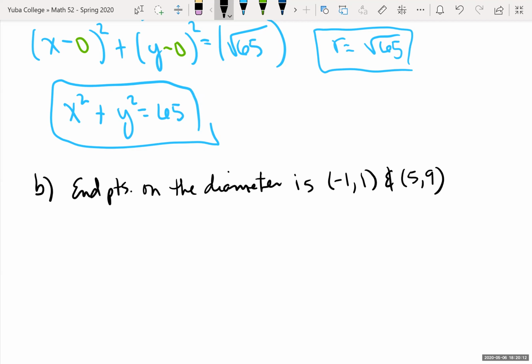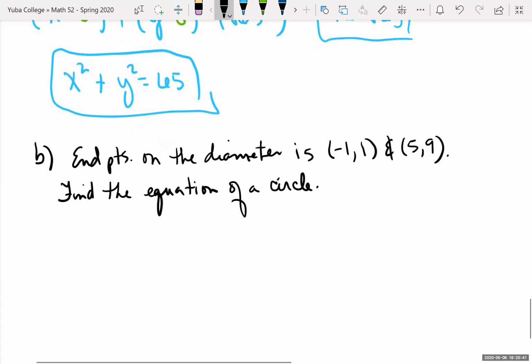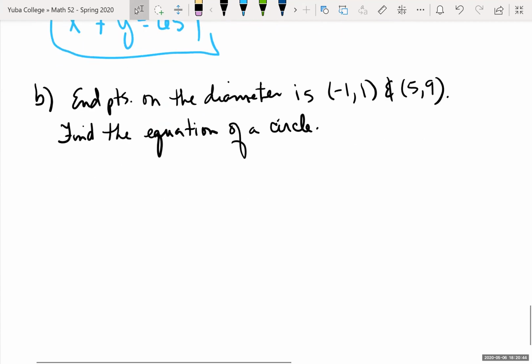And it asks us to find the equation of the circle. Okay, so the diameter is the line that goes through the center of the circle and touches the 2 points on the circle. And so one of the diameters on this circle just happens to be (-1, 1) and (5, 9). So if it helps you to picture it, let's graph it.